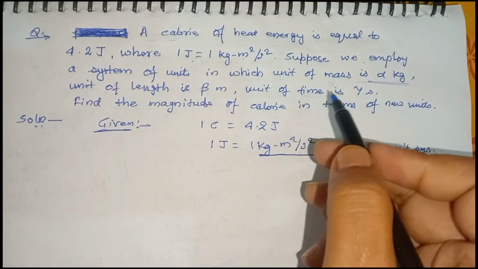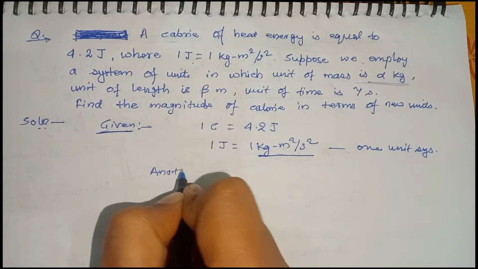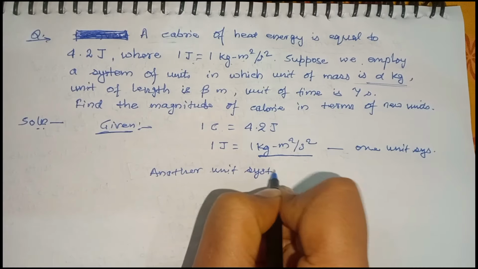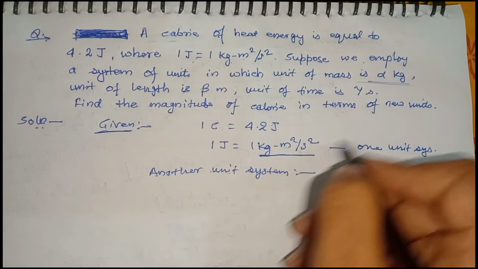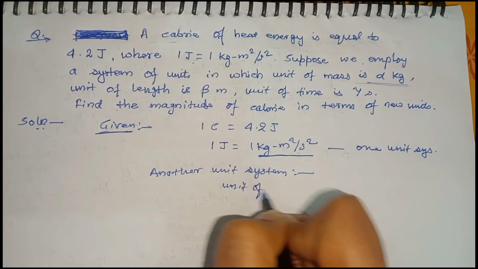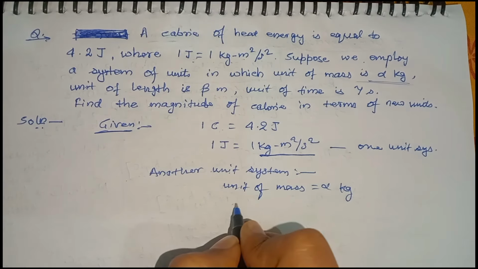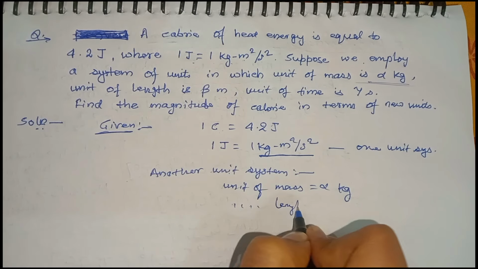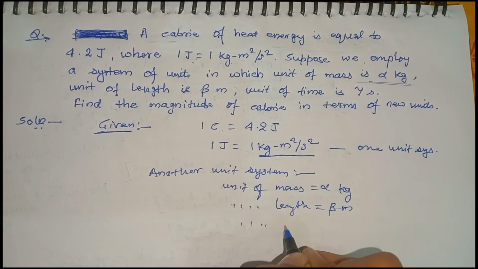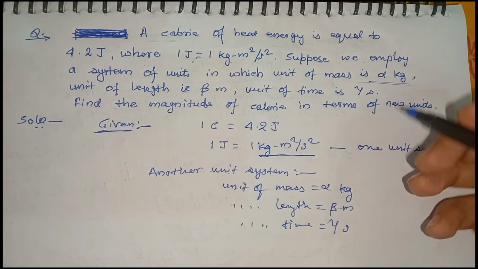There is another system of unit in which the unit of mass is given as alpha kg, the unit of length is beta meters, and the unit of time is gamma seconds. This is another system of unit.